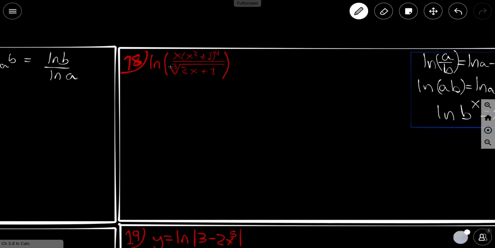Okay, so applying all the rules, our problem is going to look like this. And I won't simplify all at once. I'll do it a few steps at a time, so it's easy to digest these bite-sized pieces.